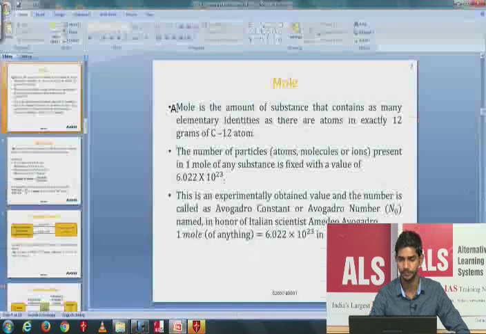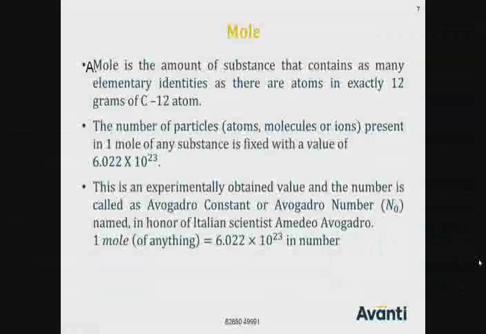Now, how can we calculate the mole? First of all, let's check out. Mole is the amount of substance that contains as many elementary entities as there are atoms in exactly 12 gram of C12 isotope. C12, guys, means carbon 12.